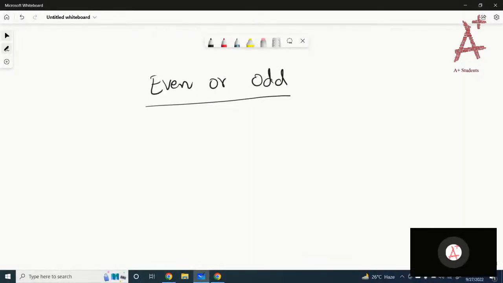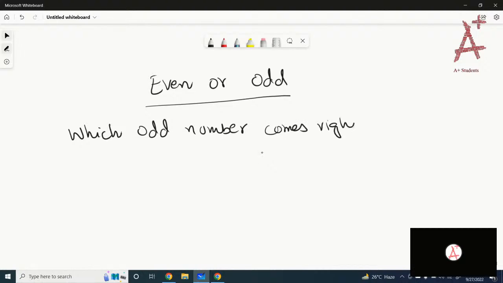Okay, which odd number comes right after 28?